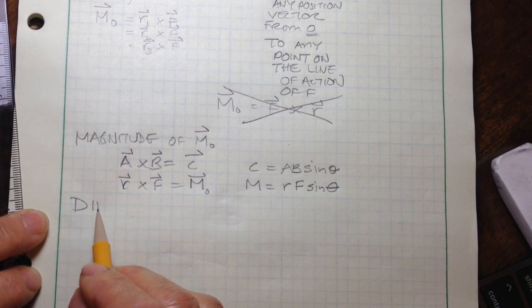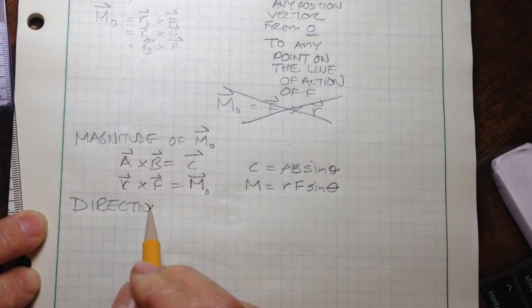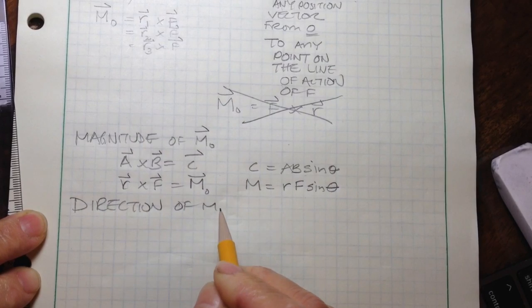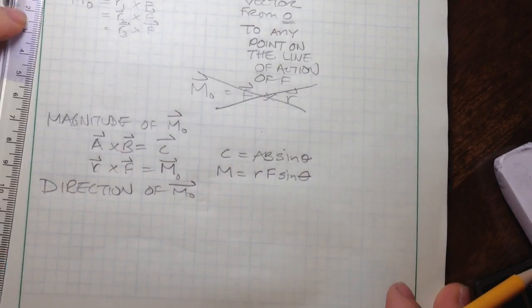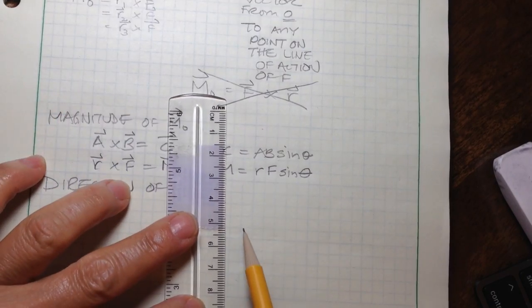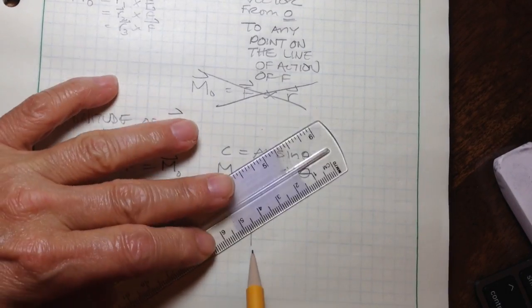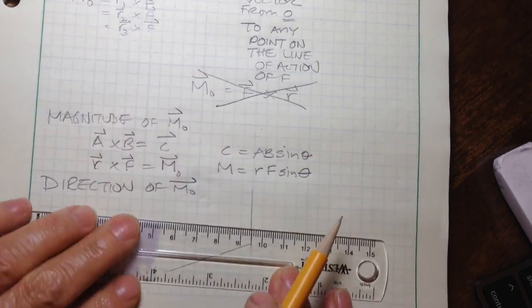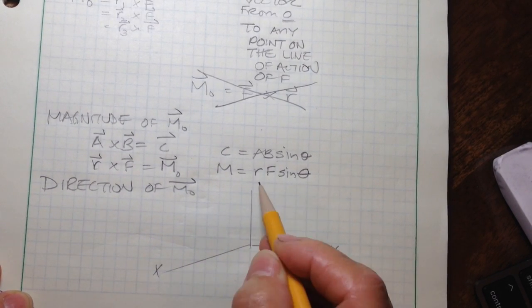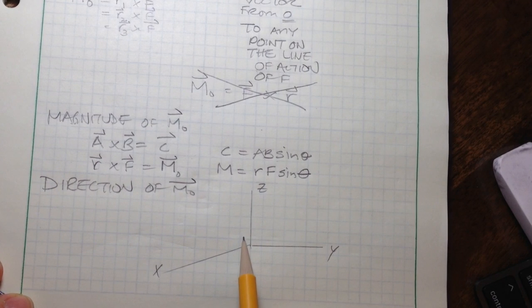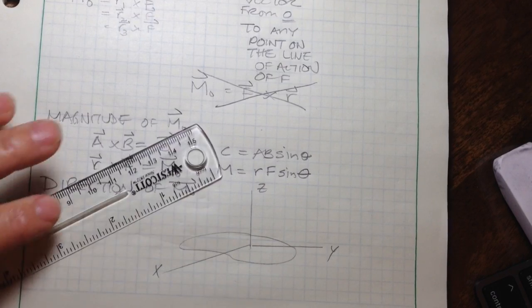In terms of direction of a moment vector, we use the right-hand rule. Let's consider the following system. Let's say I have an XYZ coordinate system like this, and I have an object that lies in my XY plane.